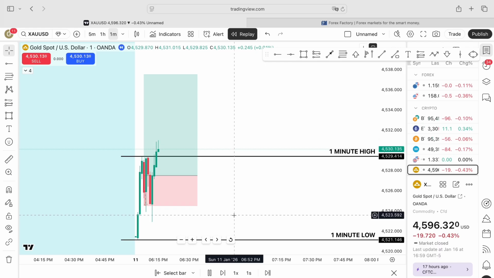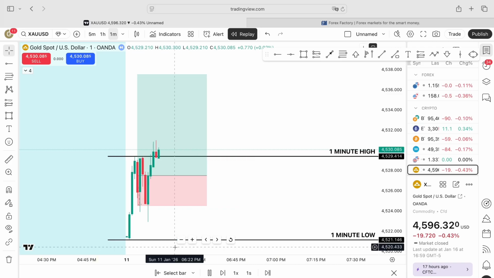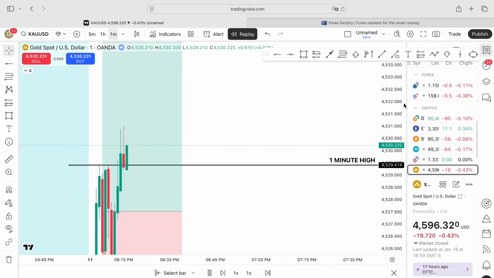All right, now as you can see, we have a breakthrough. Now we're waiting for a retest and a close above. So if this candle hits this line and then closes above this, okay, we're good. Now I want you guys to pay attention to this. This is a no-go in my book.